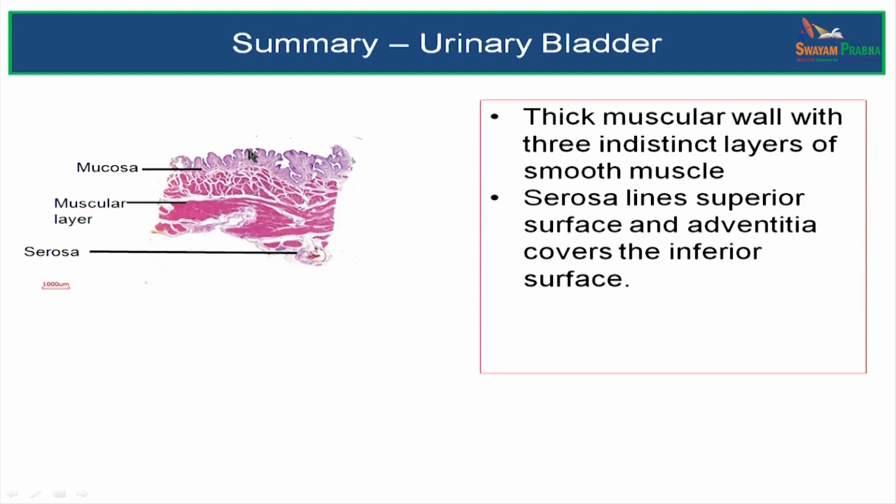Outer to the mucosa is the muscle layer, which is a thick muscular coat called detrusor muscle, with 3 indistinct layers of smooth muscle. Outer to it, the outermost coat is serosa, which lines the superior surface of the bladder and consists of connective tissue and mesothelium. The inferior surface of the bladder is covered by adventitia. So, that completes the class on microscopic anatomy of ureter and urinary bladder.